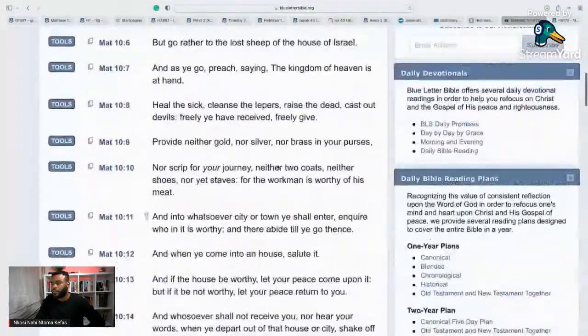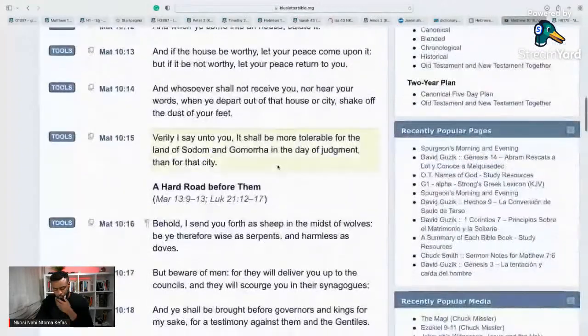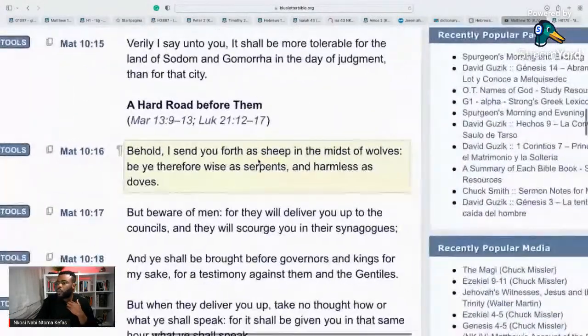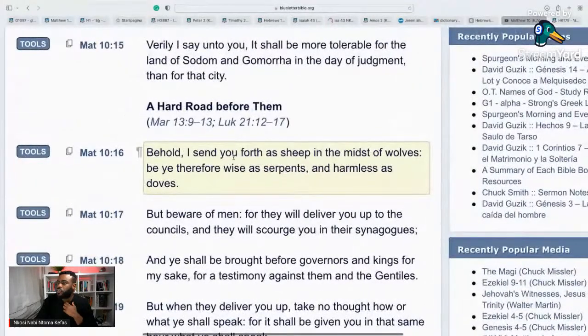Yes, and in verse 16, he says, "Behold, I send you forth as sheep in the midst of wolves. Be ye therefore wise as serpents and harmless as doves."